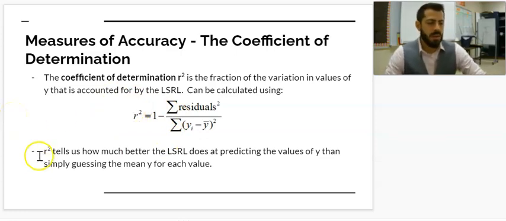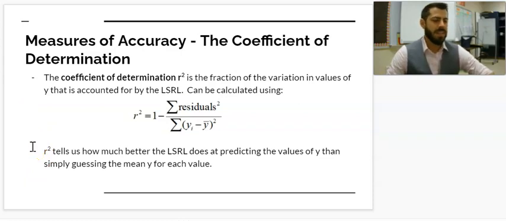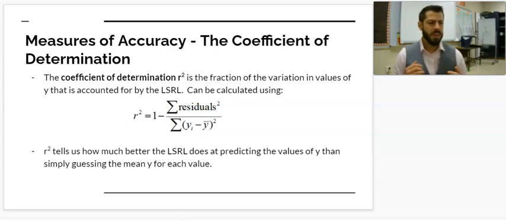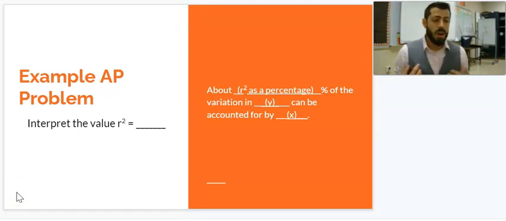So R squared, what it really tells us, is how much better the least squared regression line does at predicting the values of Y than simply guessing the mean for each Y value, right? So it basically accounts for how much of the variation is due to the actual data and not from some other source. So example, interpret the R squared value, R squared equals blank.